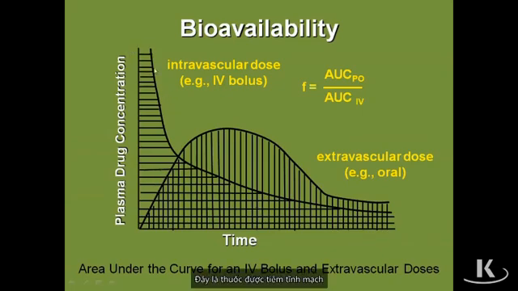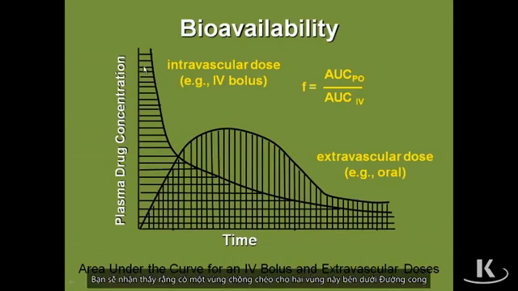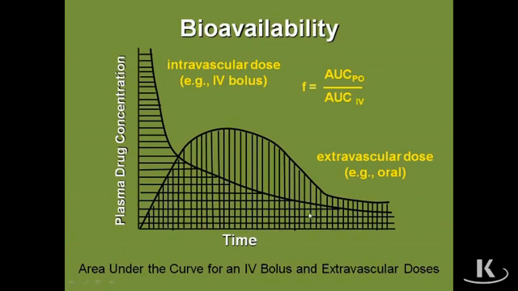So this is an IV administered drug. Notice the exponential decrease over time in plasma concentration. And then here's the orally administered dose, increasing, reaching a peak, and then falling away over time. So really when you compare, you'll notice that there's an overlapping region for these two areas under the curve, and that's what's shown right here.